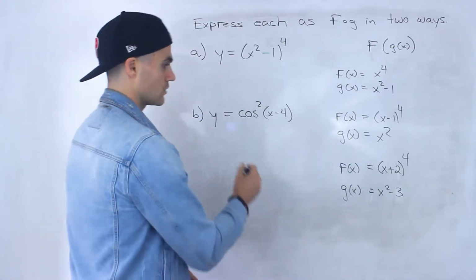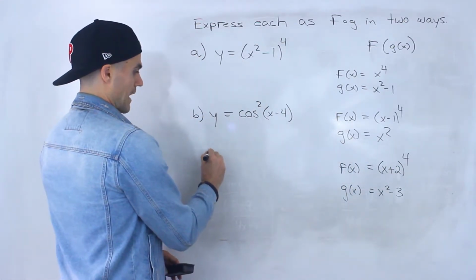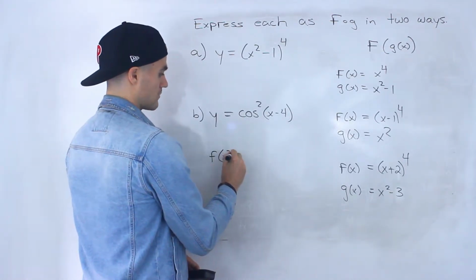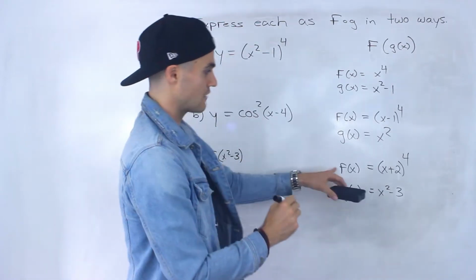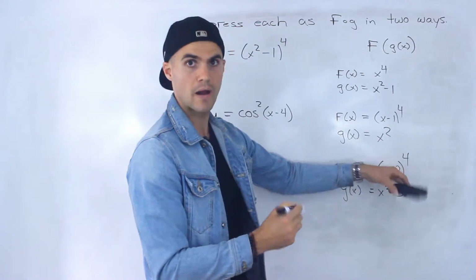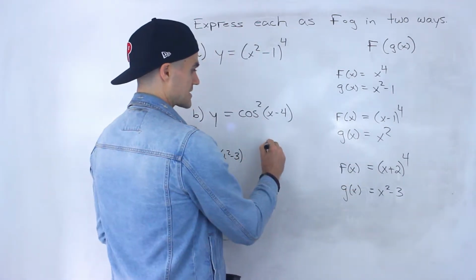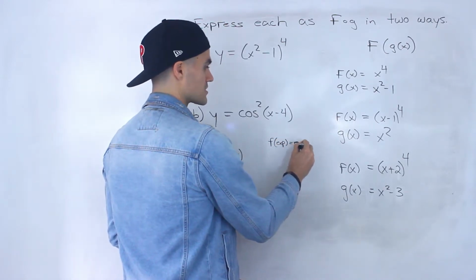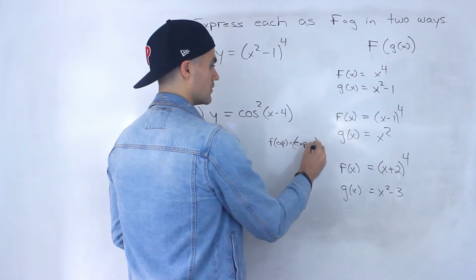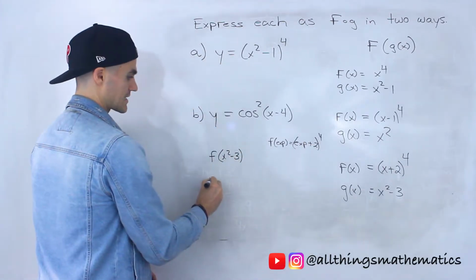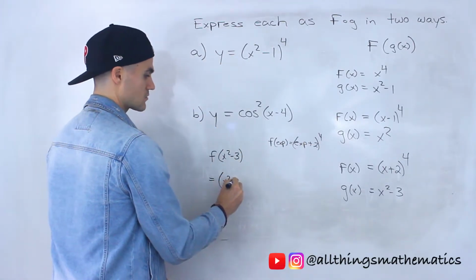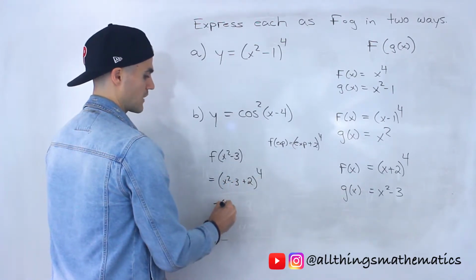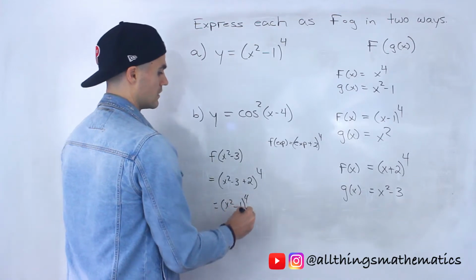Now, why is that? Look, f of g of x in this case would be f of x squared minus 3. And notice that f of x in this case is x plus 2 to the power of 4. So that means f of an expression would be that expression plus 2 to the power of 4. So we would take that expression, x squared minus 3, add 2, to the power of 4, and that would simplify to x squared minus 1 to the power of 4.